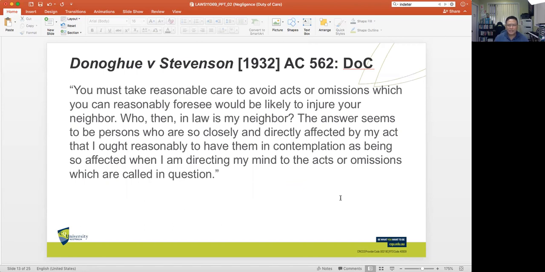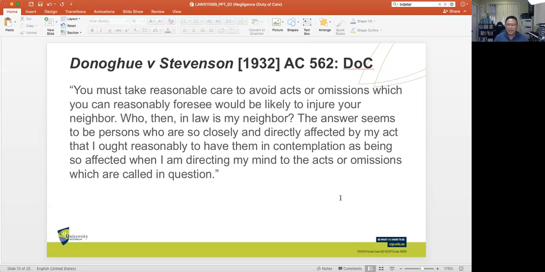And in that particular case, the House of Lords said, who then in law is my neighbor? The answer seems to be persons who are so closely and directly affected by my act that I ought reasonably to have them in contemplation as being so affected when I am directing my mind to the acts or omissions which are called in question.